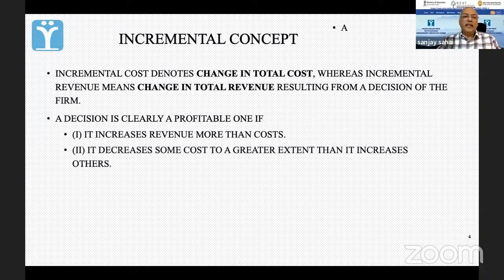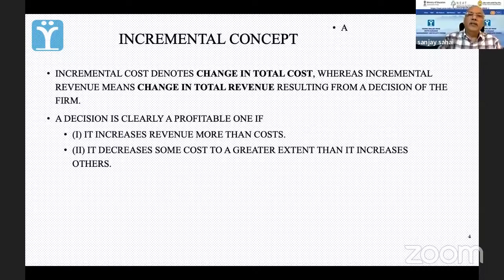Okay. Second point is, it decreases some cost to a greater extent than it increases others. So basically, if they take a decision to change the structure of the costs, like maybe the way they're marketing, they have a number of options, a number of ways of advertising, so they decide to forego some particular method and opt for some other method.